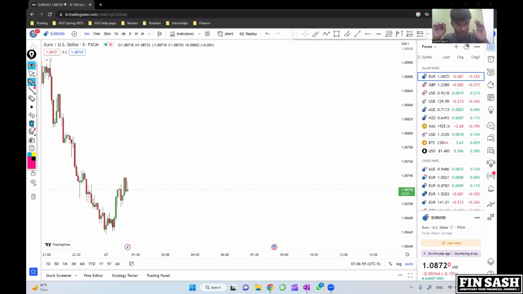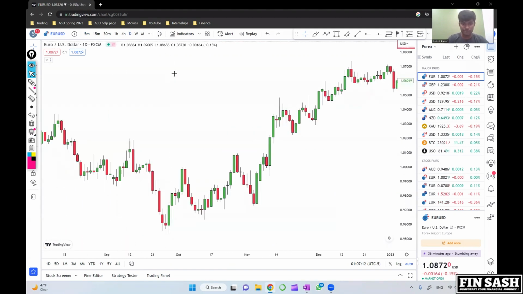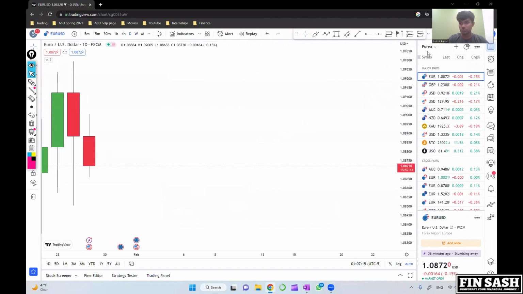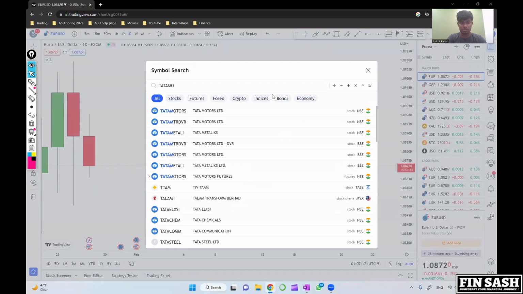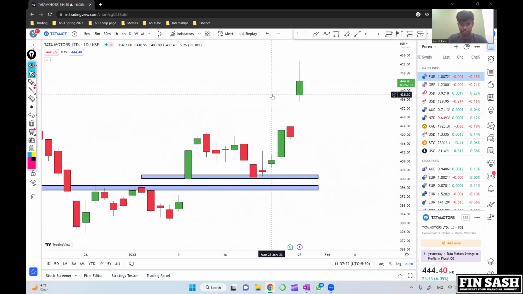Hopefully you guys understood candlesticks and how to read them. So let's just take a quick example, right? So this is the 5 minute time frame, or let's go to an easier example, which is the daily time frame. Let's ignore today, and let's go to, for example, Tata Motors, right?